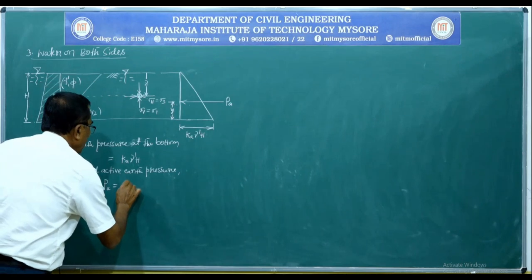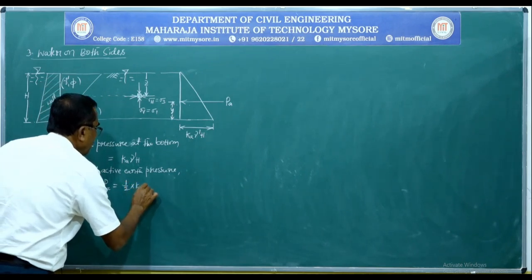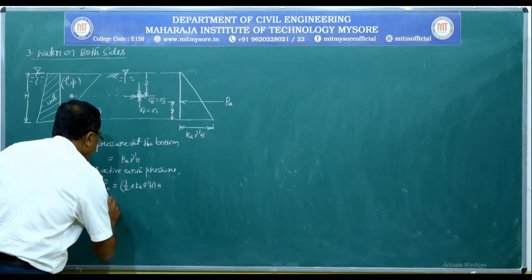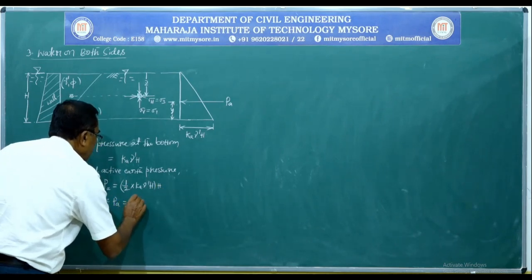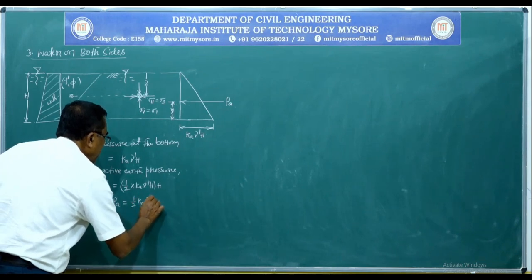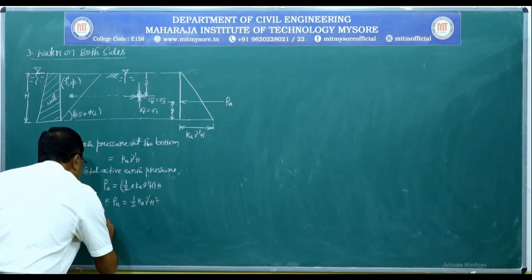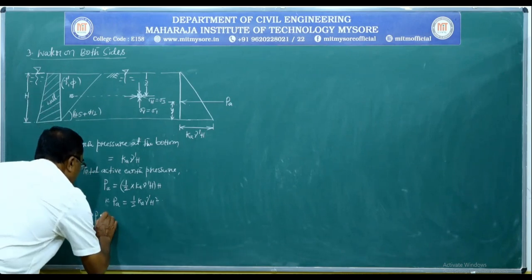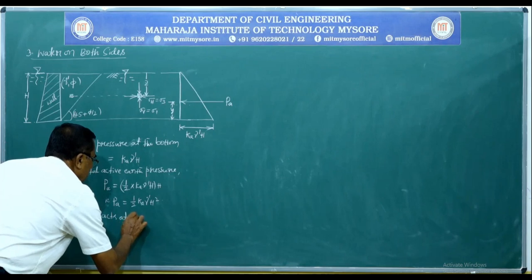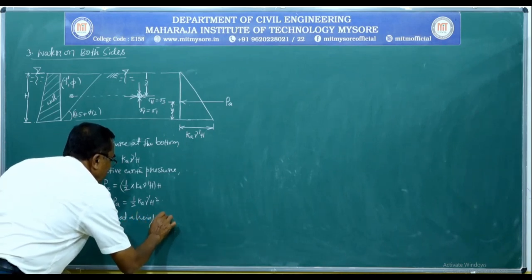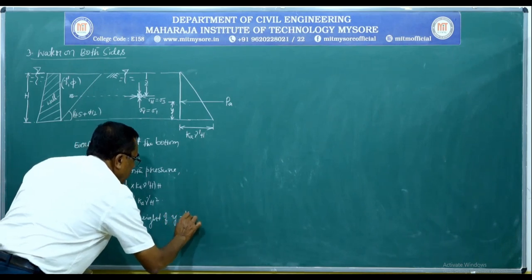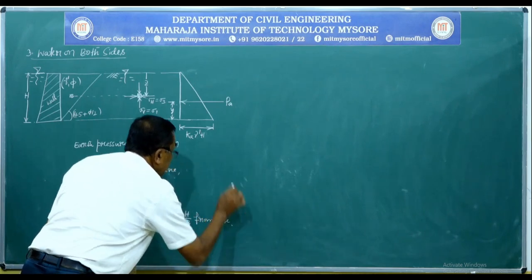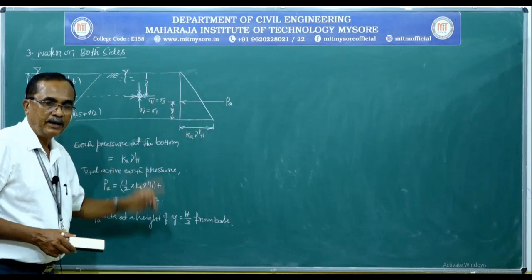PA is equal to half into Ka gamma dash into H. That is, PA is equal to half into Ka gamma dash H square, and since it is a simple triangular pressure distribution diagram, PA acts at a height y is equal to H by 3 from base. So this is the pressure distribution diagram.